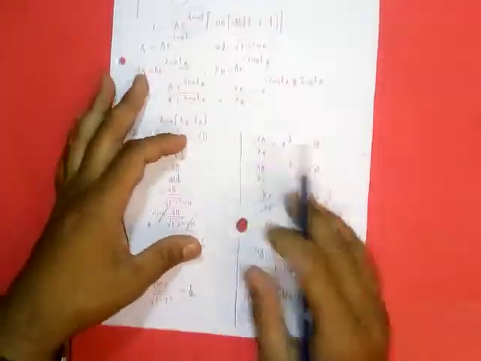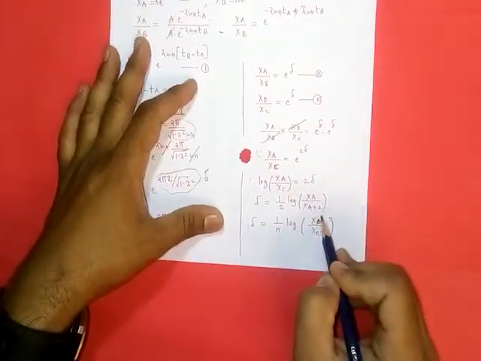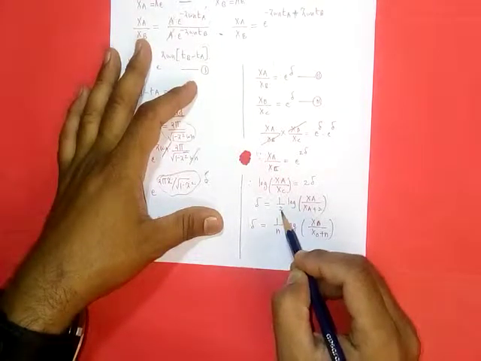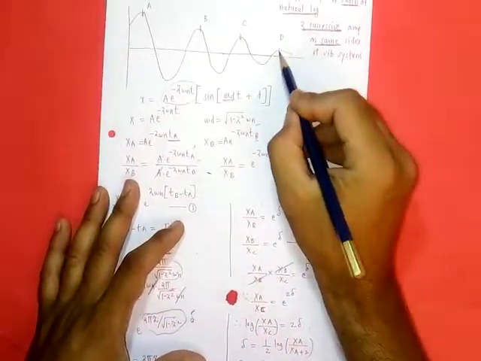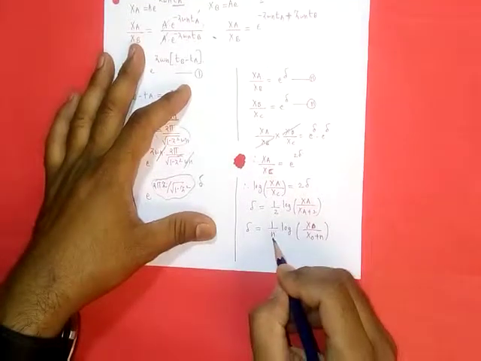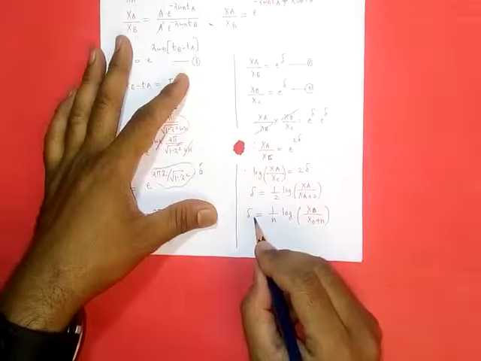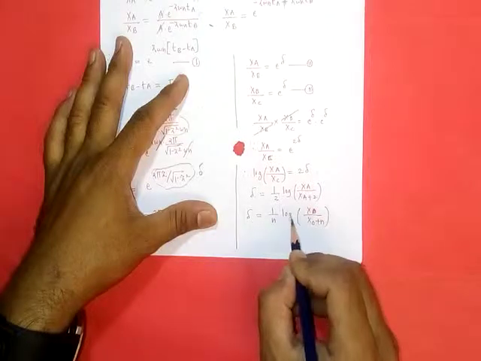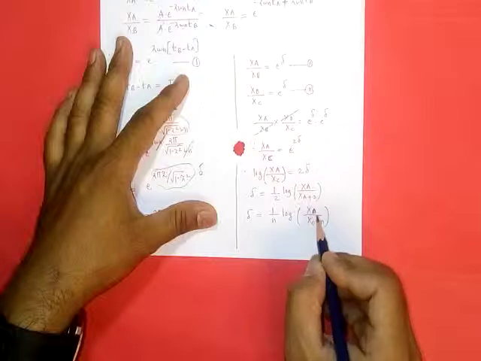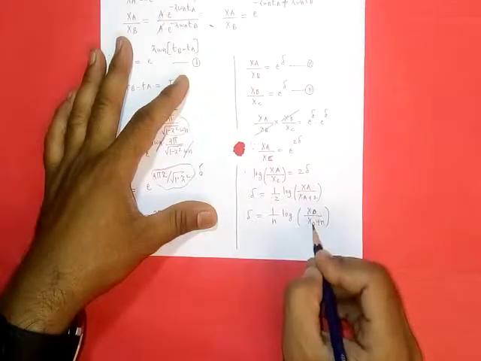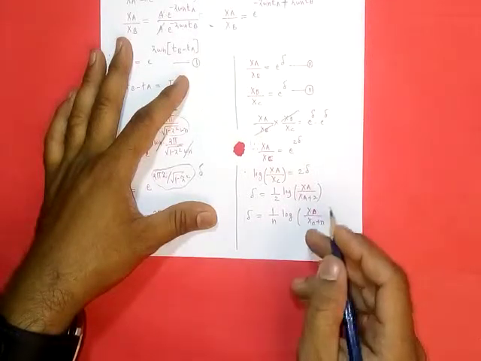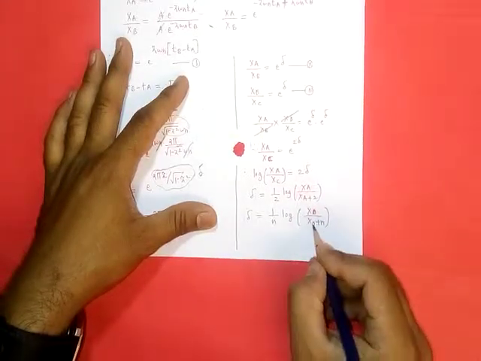That means we can write xc as x a plus 2, that is, 2 cycles after. If we take an amplitude which is coming after the nth cycle, then a general equation will develop, equal to 1 upon n log of x naught upon x naught plus n, where x naught is the amplitude of the considered or initial cycle, and x naught plus n is the cycle which takes place n cycles after x naught.